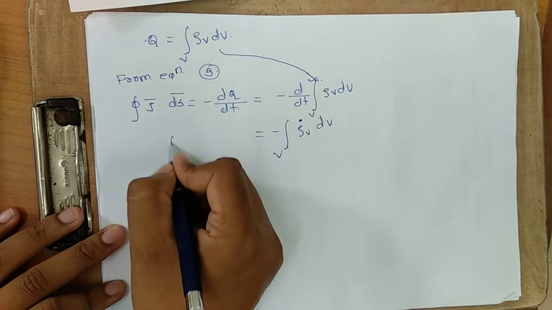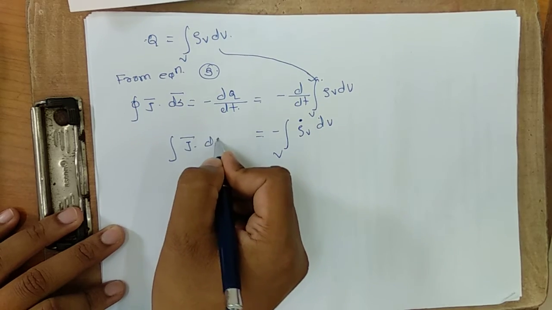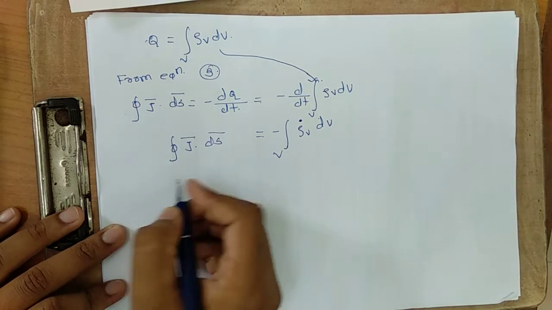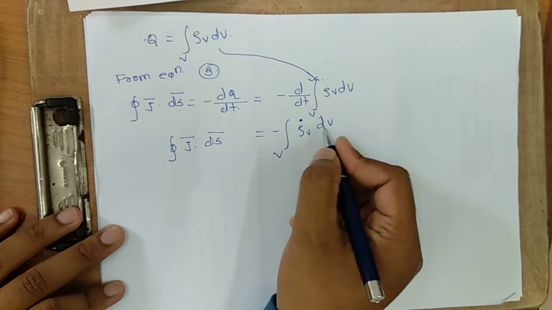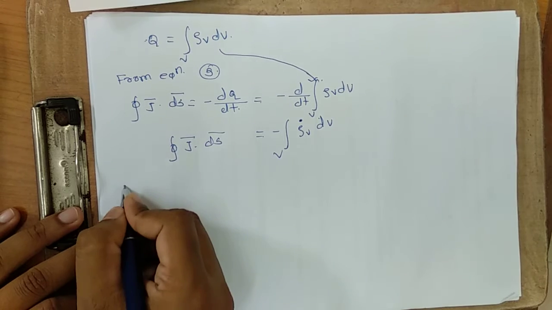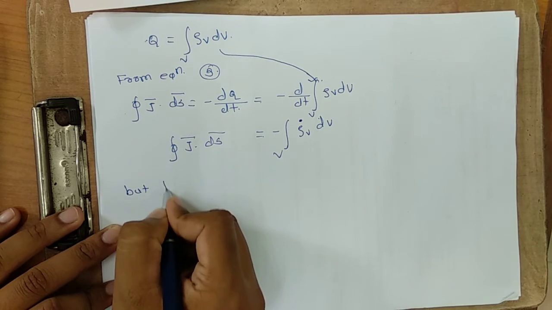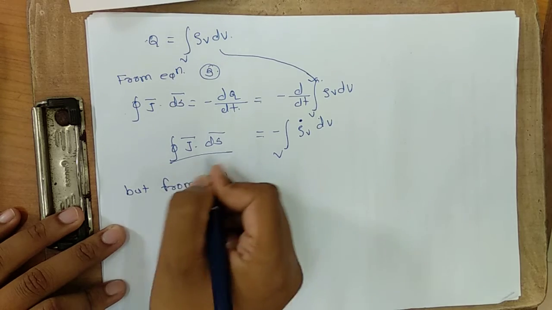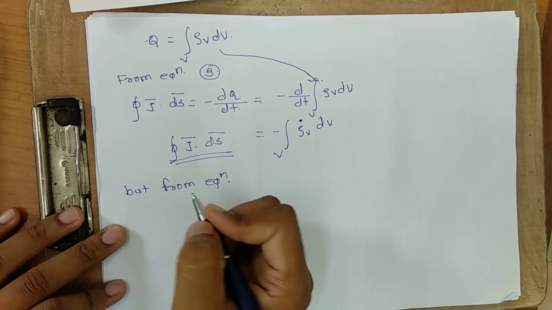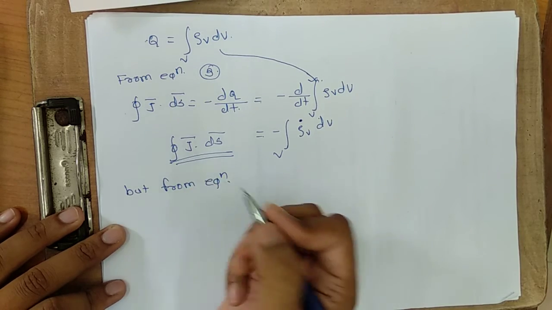So on the left hand side we have j bar dot ds bar, and the integral of j bar dot ds bar is equal to minus the integral of rho v dot dv. Now this also has to be converted into a volume integral, which is available in equation number 4.